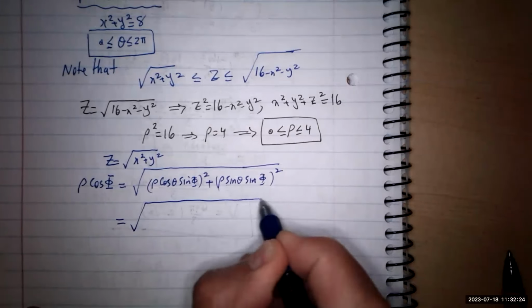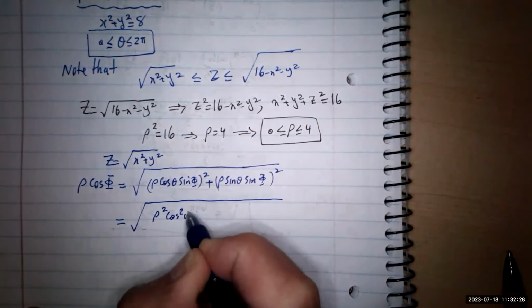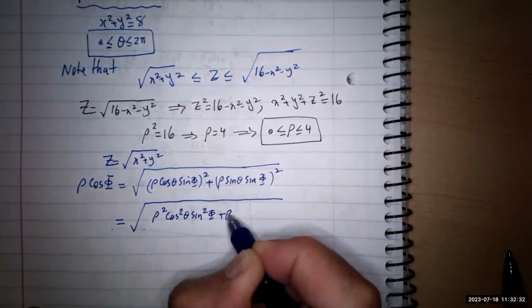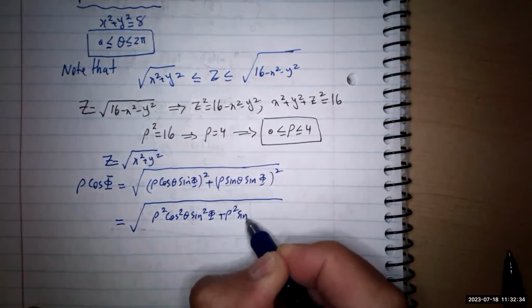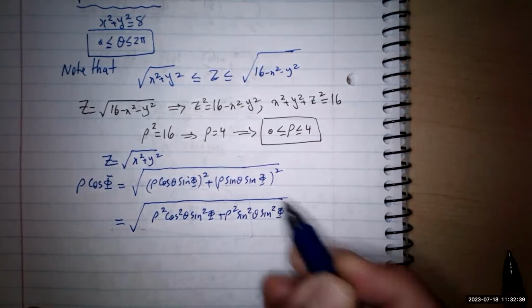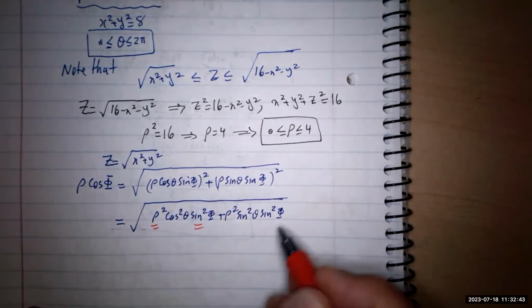So you square it and simplify it, so that gives you rho squared cosine squared of theta, sine squared of phi, plus rho squared sine squared of theta, sine squared of phi. And as we always talked about, we have the common factor here.